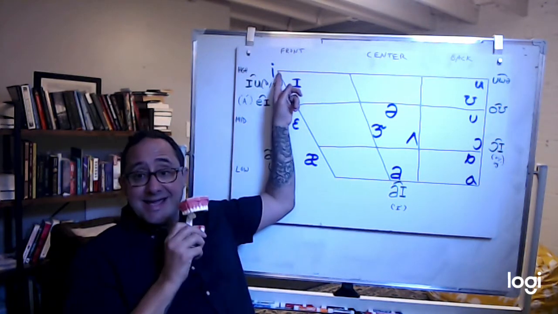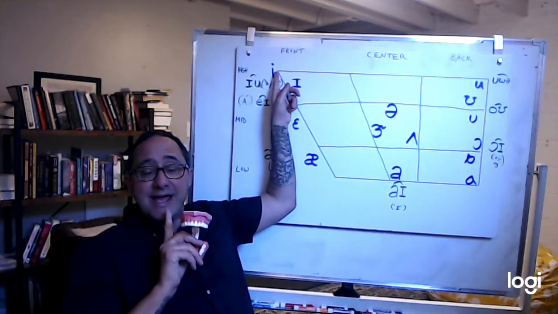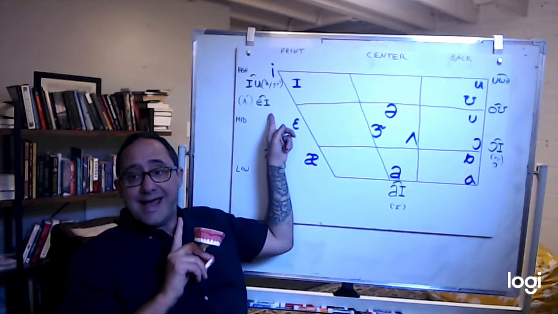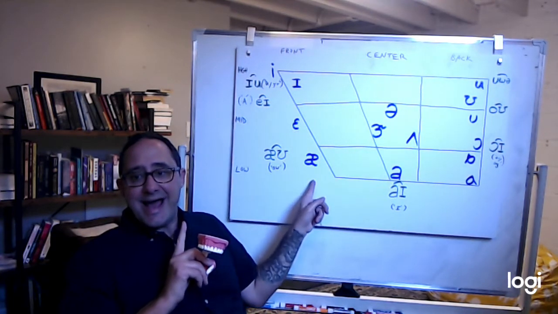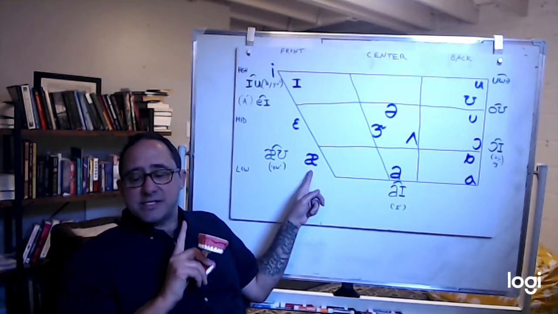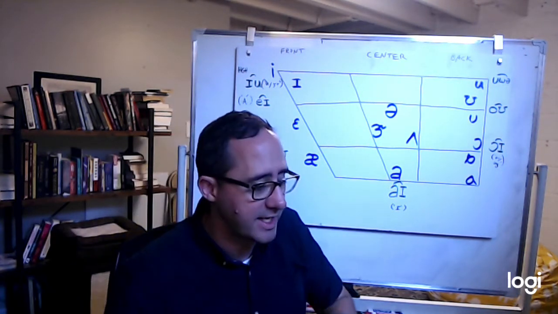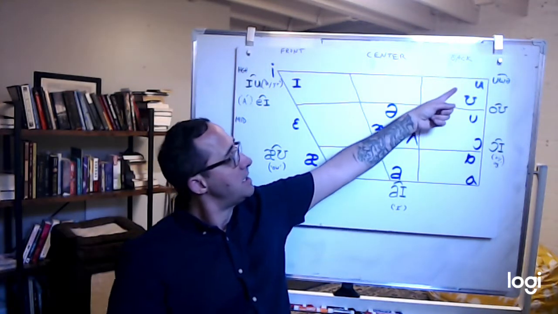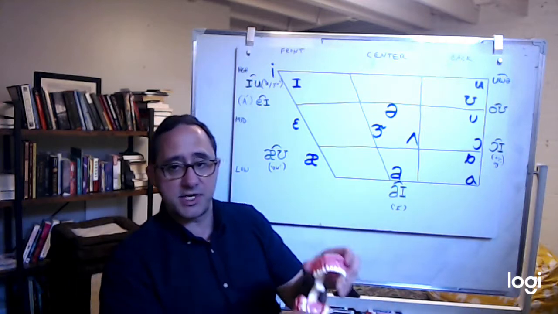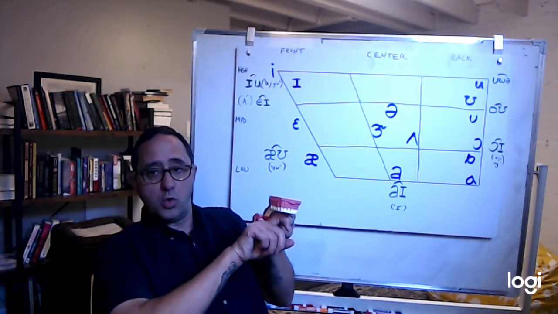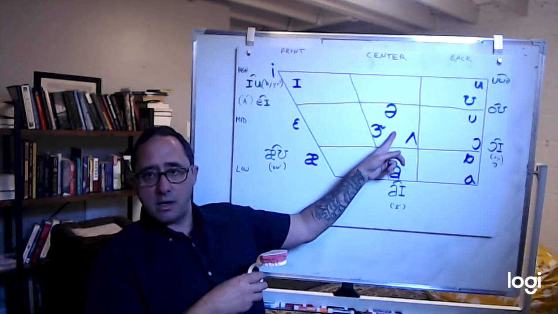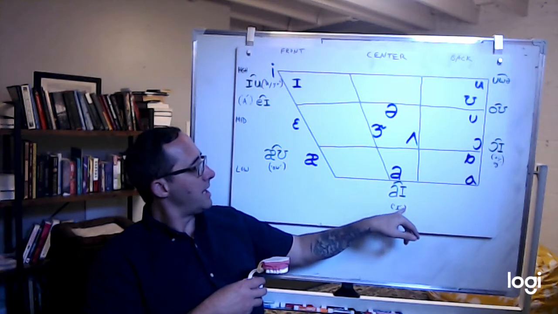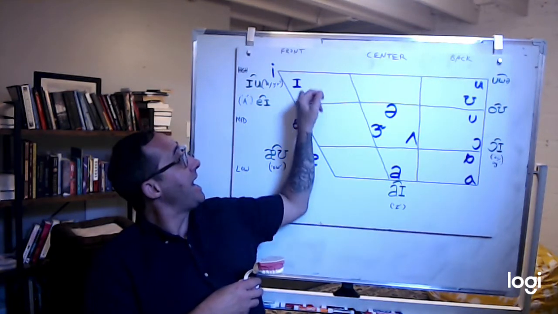So I make the E, I, A. And here are the back vowels, oo. Your tongue is further back, oo. In the middle are the more neutral sounds, and down here, ah, I.